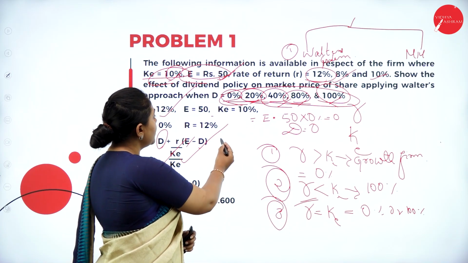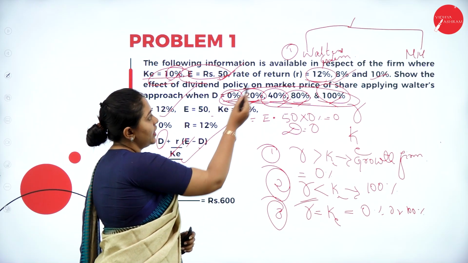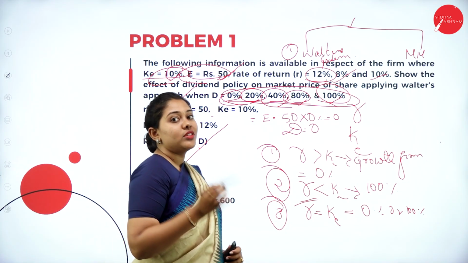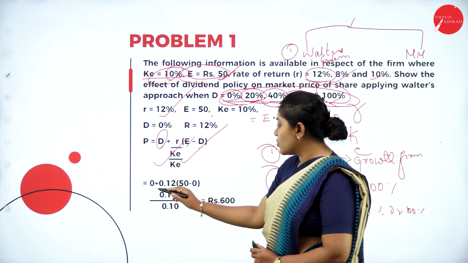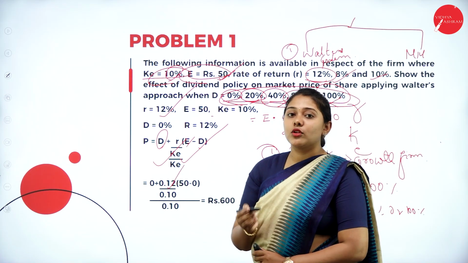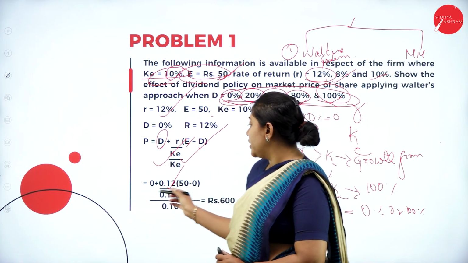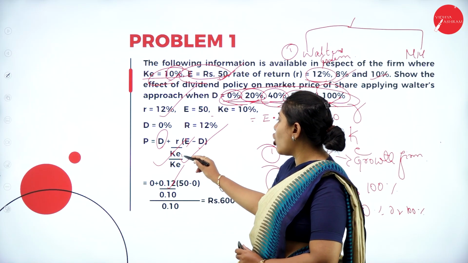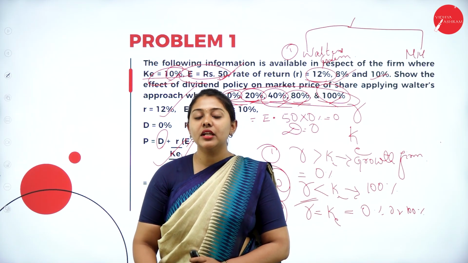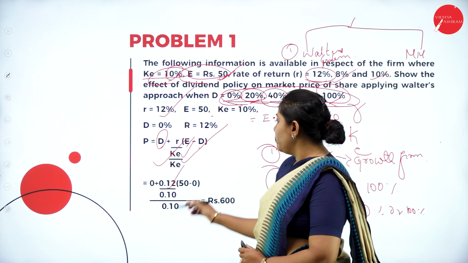First percentage is 0% when the rate of return is 12%. Let us substitute the values into the formula. 0 plus 0.12, the 12% rate of return, divided by 0.10, the equity capitalization rate of 10%.